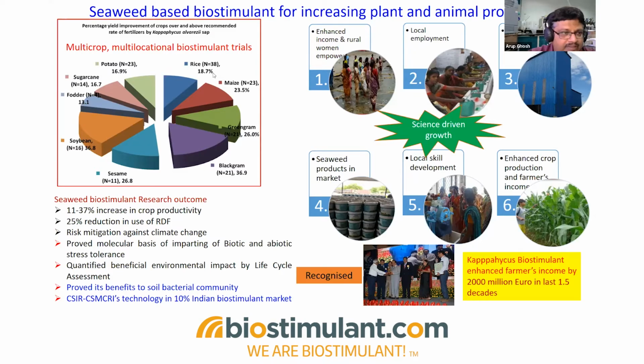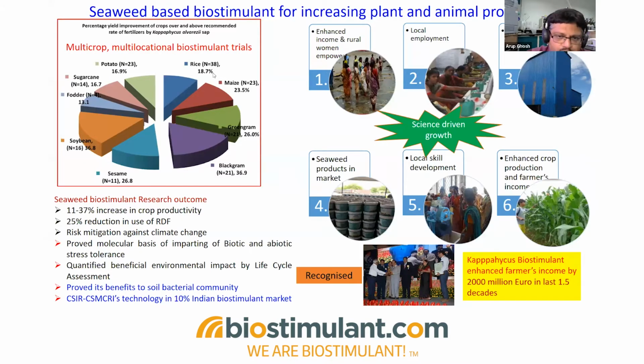These were averaged across several places. We also found a good improvement in potato and sugarcane, about a 16 to 17% increase in sugarcane and potato yield over and above the recommended dose of fertilizers.